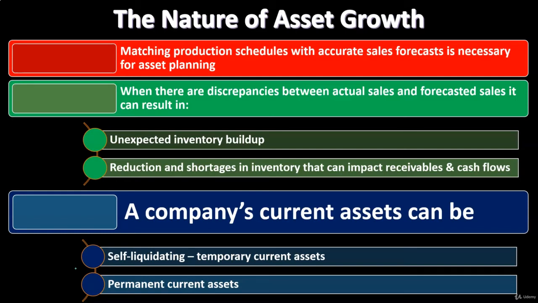If we had a seasonal spike in sales, you would expect the accounts receivable to spike as well, because if sales go up, then the asset of receivables will go up in relation to it. As we collect on the receivables, you would expect it to go back down as sales go back down after the spike. You might see a similar pattern with inventory, as we prepare for seasonal increases and decreases in the inventory that we're going to be needing.